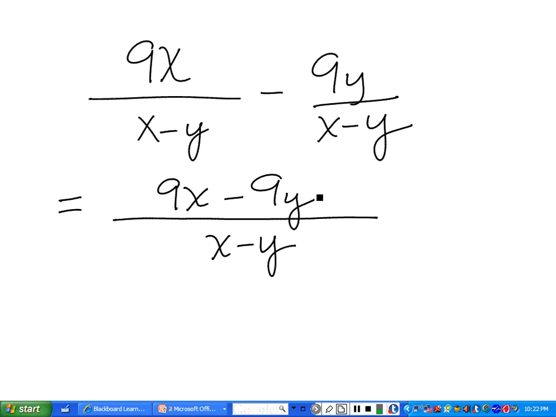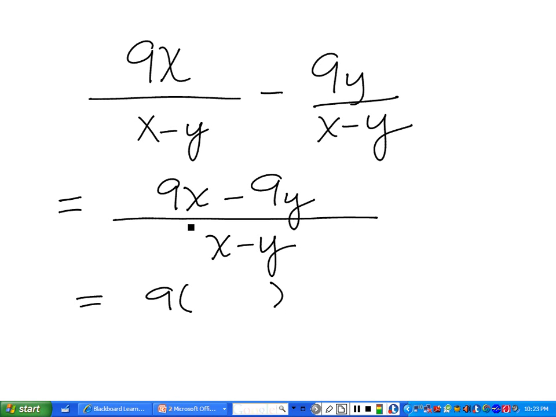Now, notice that in the numerator we can factor. How can we factor 9x minus 9y? Well, the GCF is 9. So we need to take out a 9 and see what factor remains.